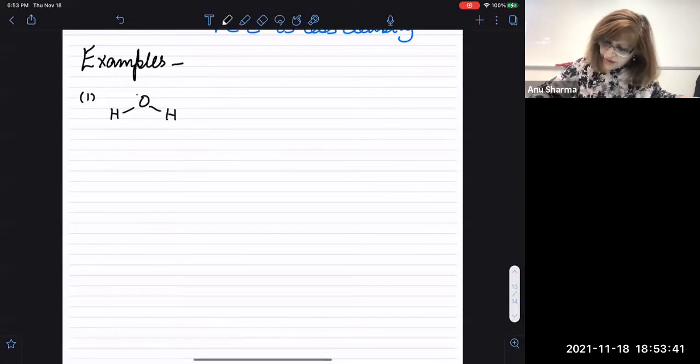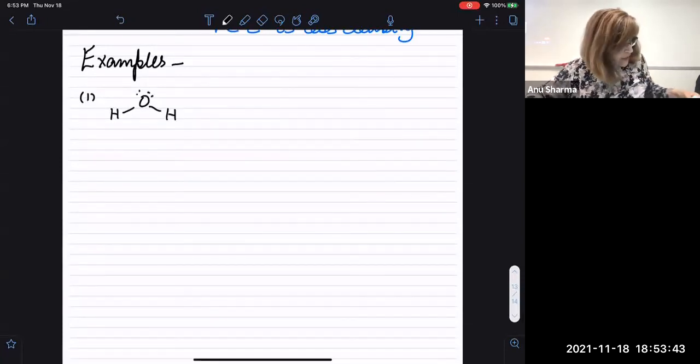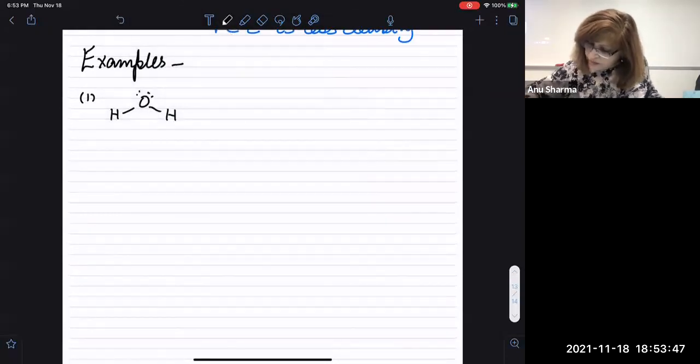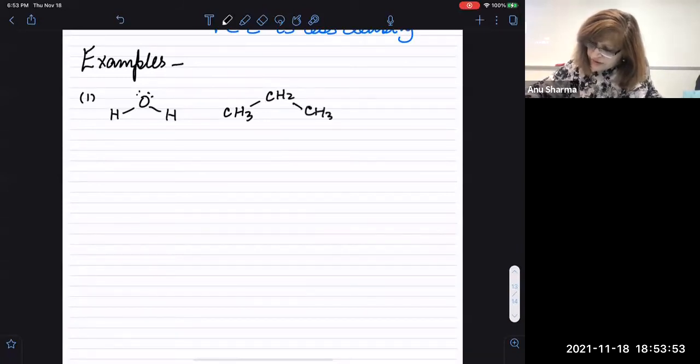Here is the water, oxygen, a polar molecule. And here is C6H14: CH3, CH2, CH2, CH2, CH2, CH3.